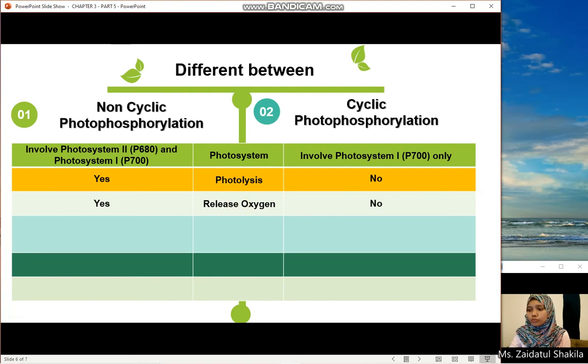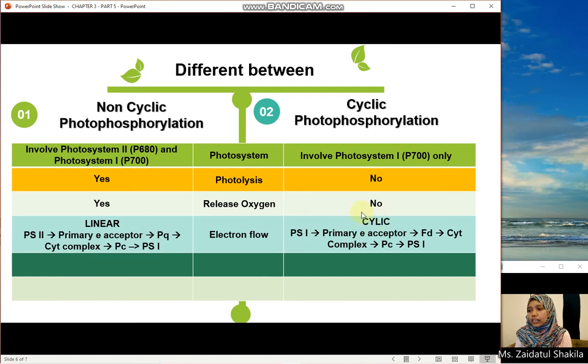Since there is photolysis in non-cyclic photophosphorylation, there is release of oxygen, and no release of oxygen in cyclic photophosphorylation. The flow of electrons in non-cyclic photophosphorylation is linear, whereby the electron moves from photosystem 2 to photosystem 1, while in cyclic photophosphorylation the electron flows in a circle from photosystem 1 and ends up in photosystem 1 again.